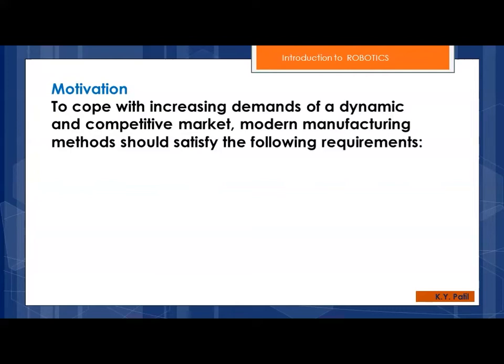So now, next is, what is the motivation behind robotics? Why should we study robotics? What is the reason? If we see today's market, it is dynamic and competitive. If you want to be in competition and in business, you will have to fulfill at least 3 requirements.